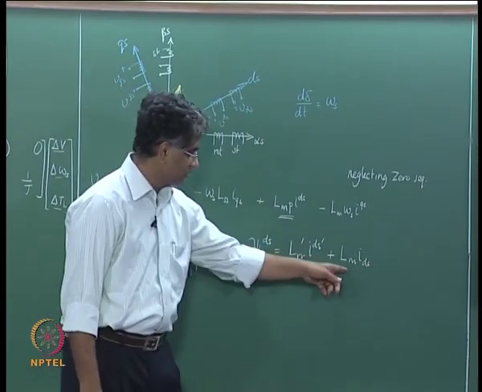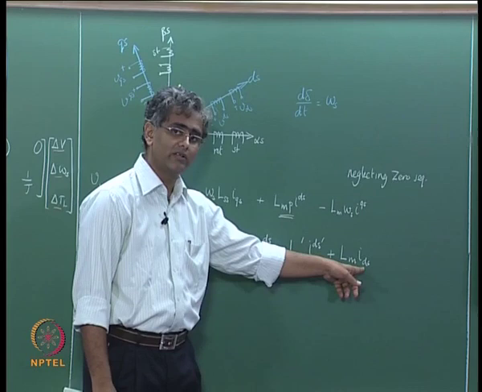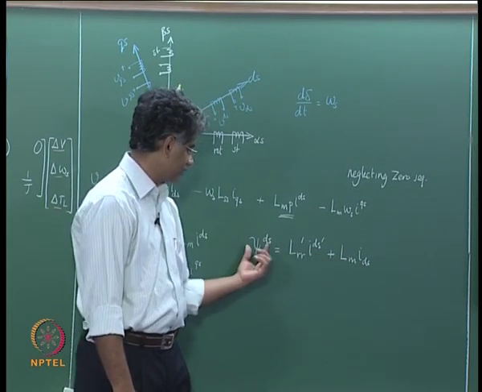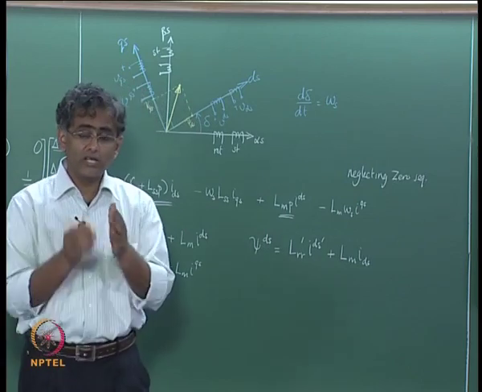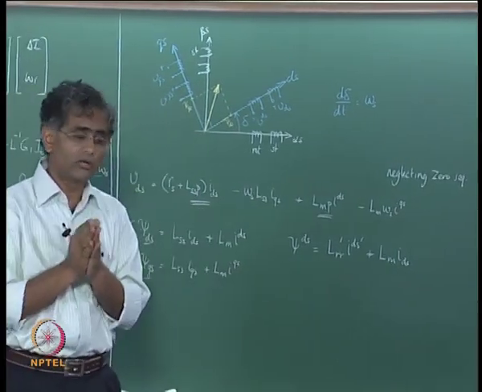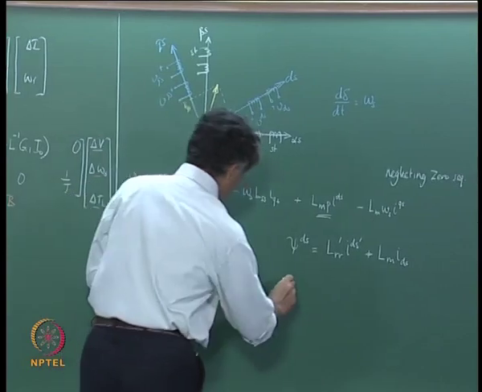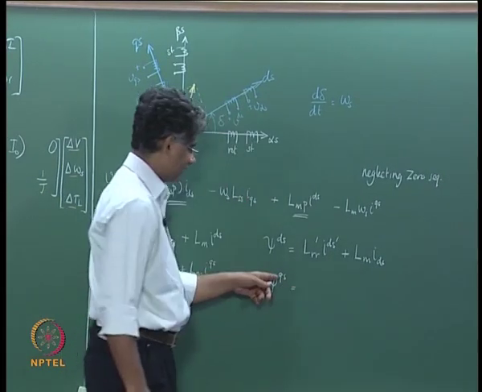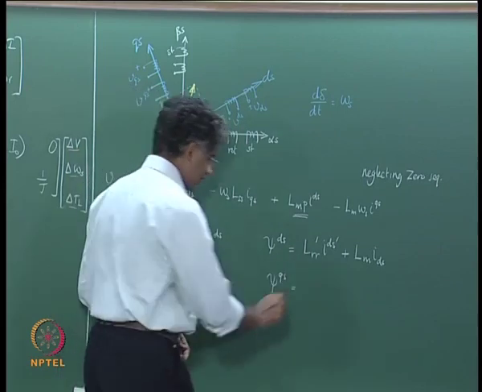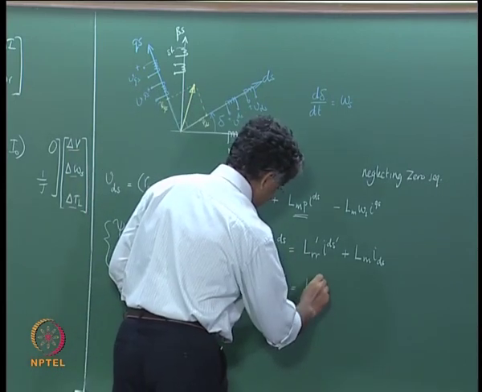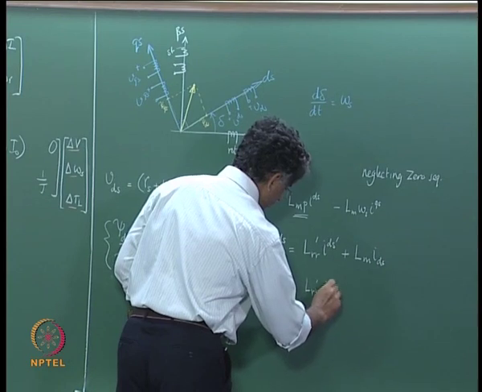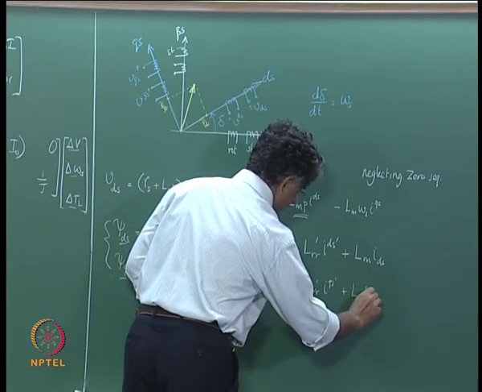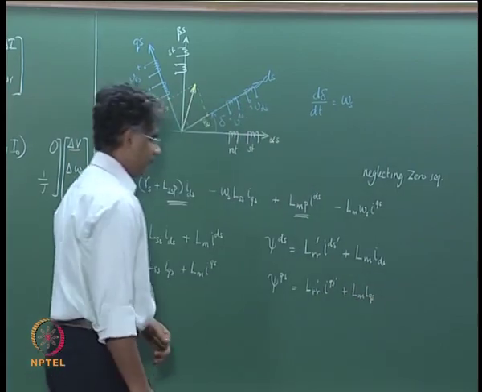So, this is the mutual inductance and the flow of current in the stator d axis. Together it contributes the d axis component of the rotor flux linkage. We can write psi qs', the q axis component of the rotor flux linkage, as Lrr' multiplied by Iqs' plus Lm into Iqs.